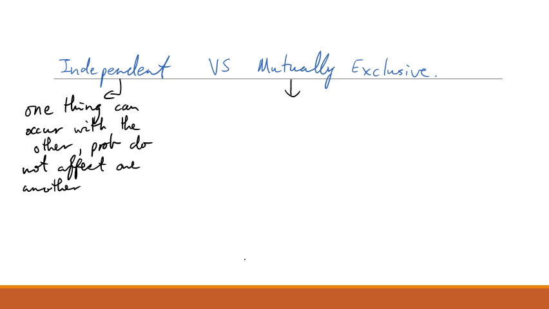Mutually exclusive means one thing cannot occur with the other. What's an example of that? I went through this last time if you remember.